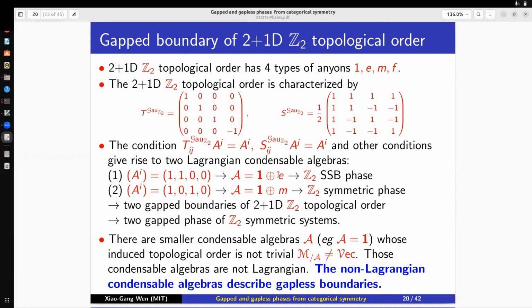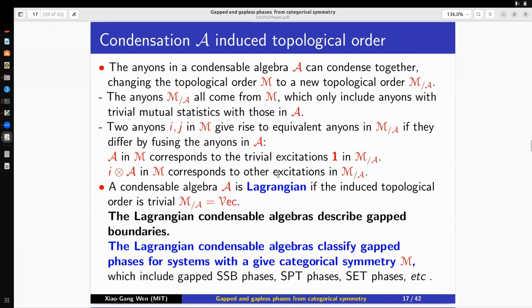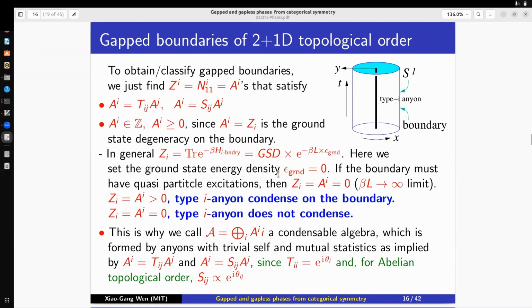Yes. What if I consider a mixed boundary, rough on one side and smooth on the other? Is that important? Yes, that's possible. That boundary has a domain wall, a boundary domain wall. I did not consider this situation. Basically, the boundary we considered here has the same condensation from bulk to boundary, describing the same condensed algebra.